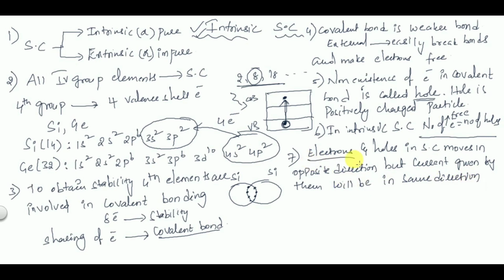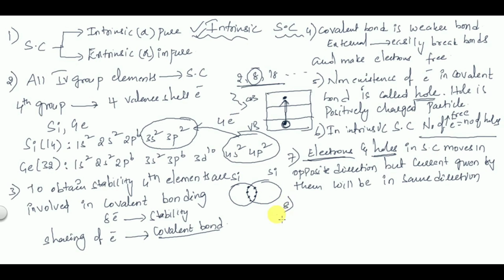Because electrons are negatively charged particles and holes are positively charged particles, the direction of movement is opposite, but the current given by them is in the same direction.